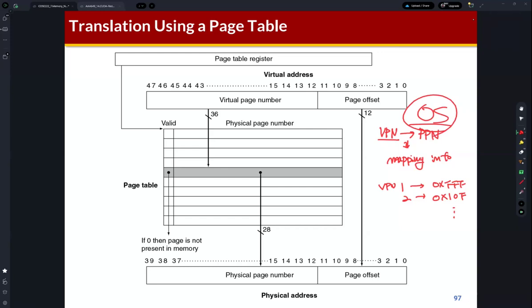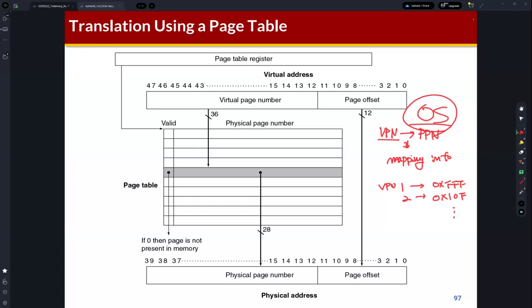And when an operating system launches a process, the virtual memory space is created by the operating system, which means the page table.